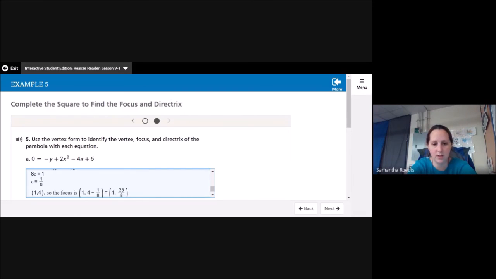And then the directrix is y equals 33/8.